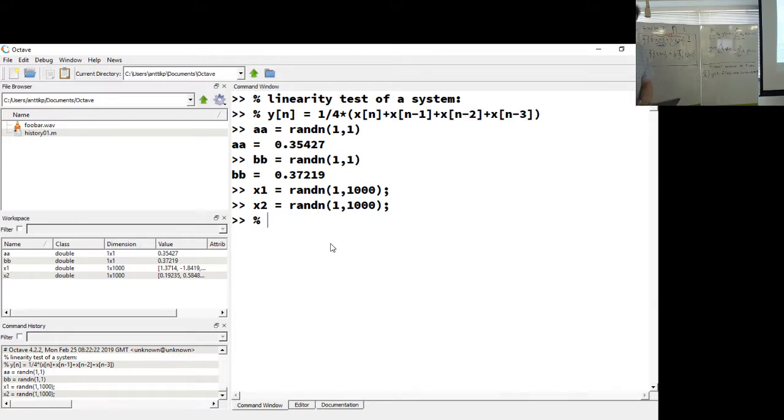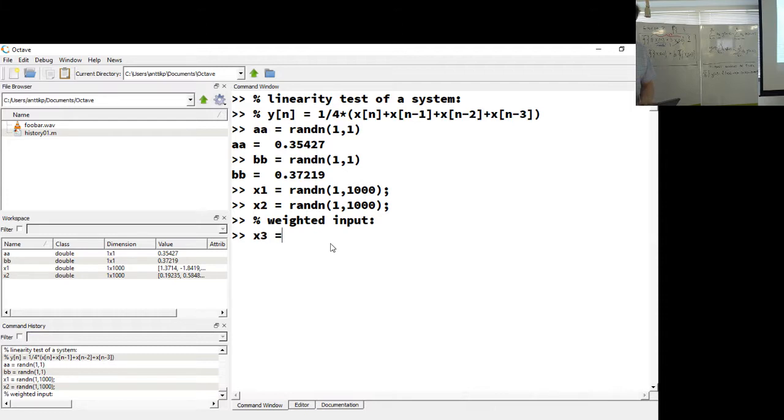So, weighted input: x3 equals a times x1 plus b times x2. Right, was it?